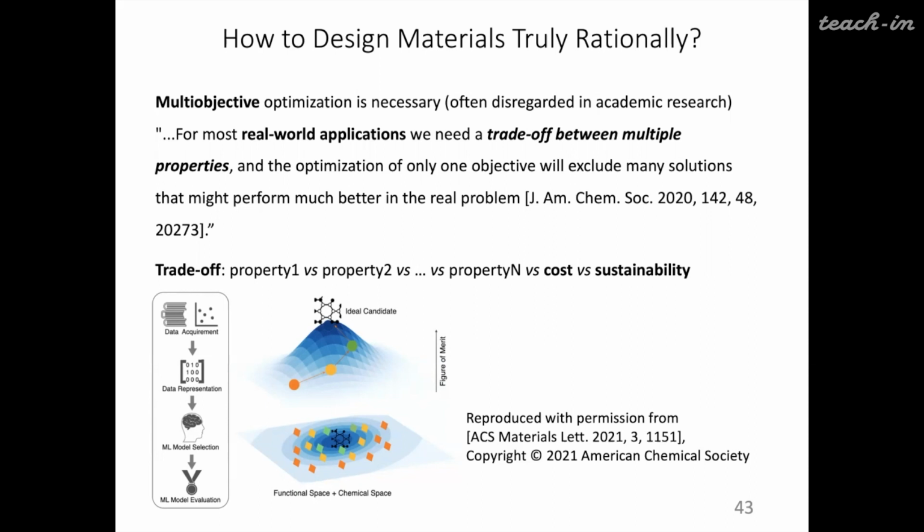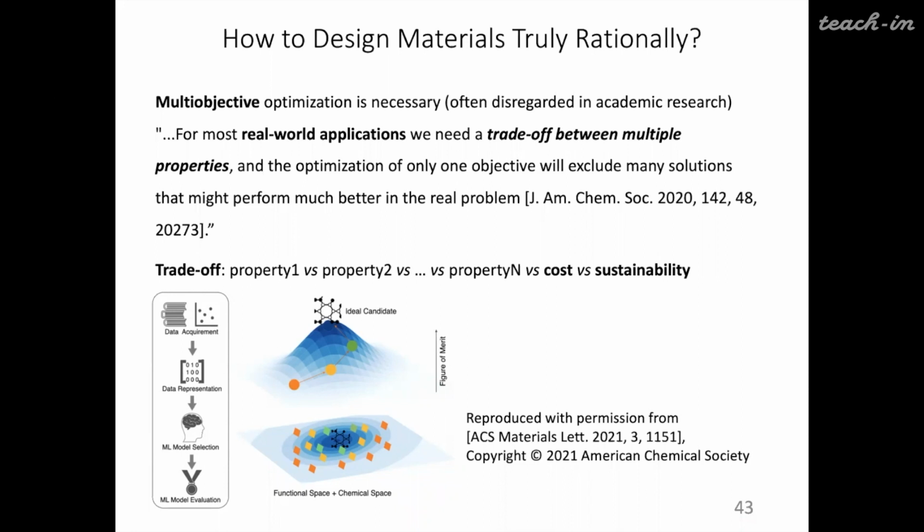So it can basically be impractical to synthesize such superconductors, or for example, we can synthesize CO2 adsorbents that are very efficient, however expensive, etc. You name the case. And so for real-world applications, we need to do multi-objective optimization.